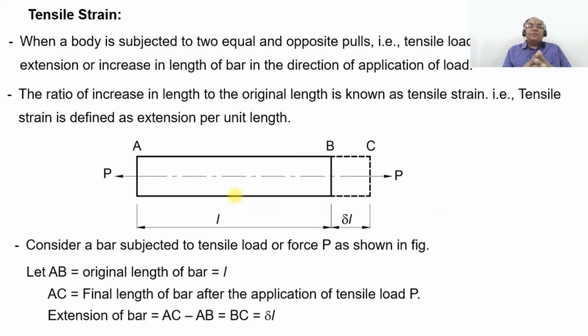So what is the extension of the bar? The extension BC will be equal to the final length minus the original length. The final length is AC, the original length is AB, and the difference between these two is BC, which is equal to delta L.